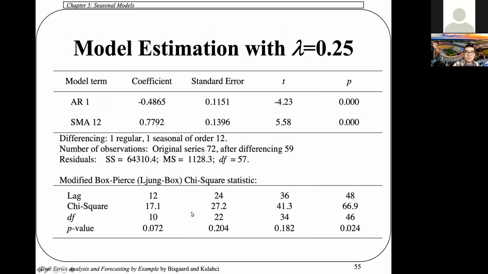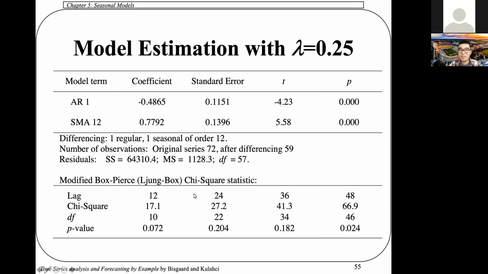You can see the p-values of the LB statistics are much, much better than our previous analysis. Lag number 12, lag number 24, lag number 36, all of them are statistically insignificant, and very insignificant, not marginally insignificant. Lag 48 still has some problems.